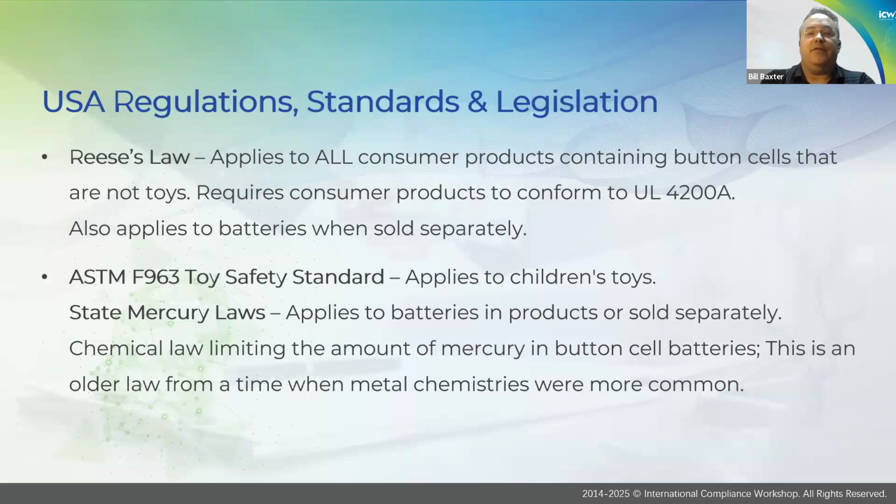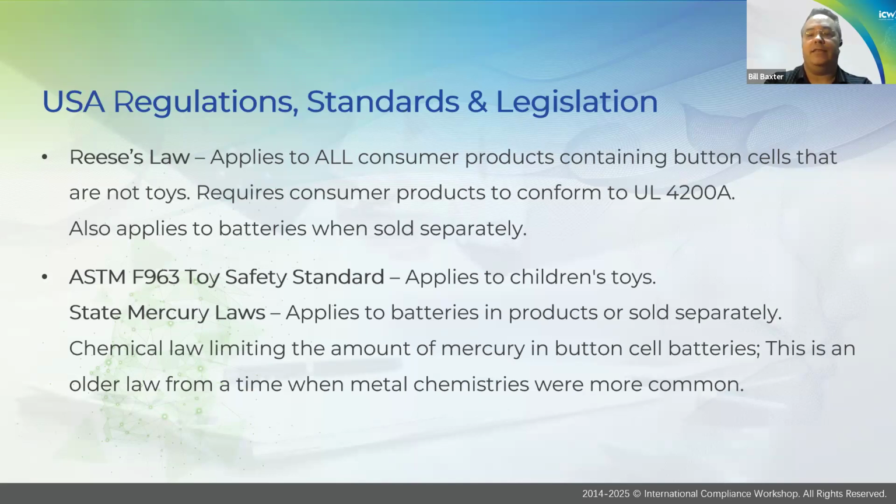And it is focused and doesn't usually have a lot of latitude. So a lot of what we are doing to make a global perspective on button cell battery testing and particularly labeling is going to depend a lot on Reese's Law.